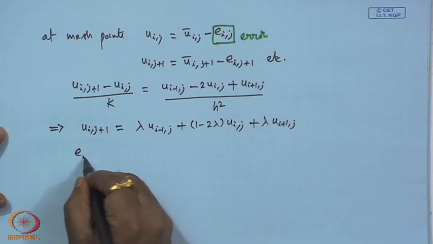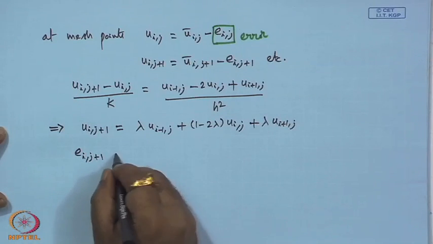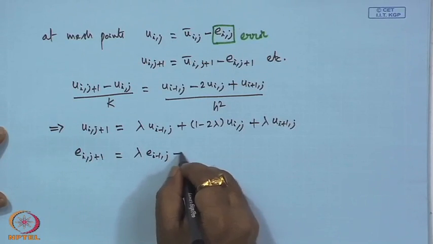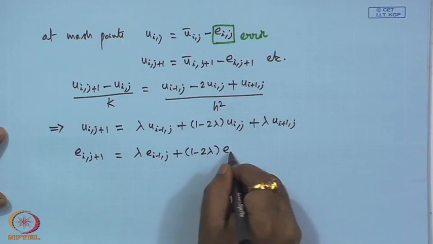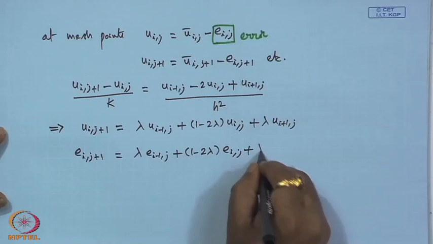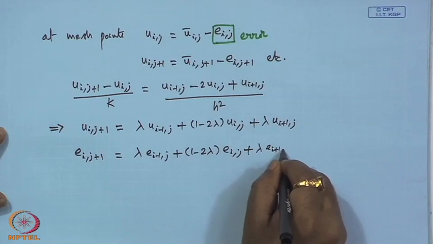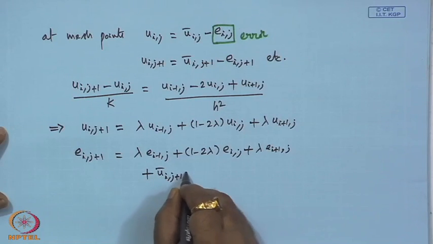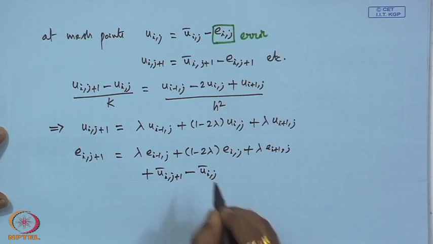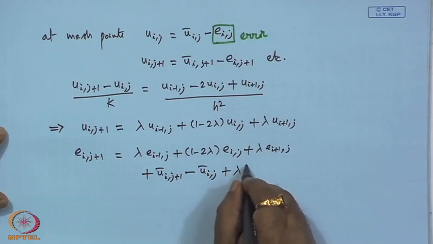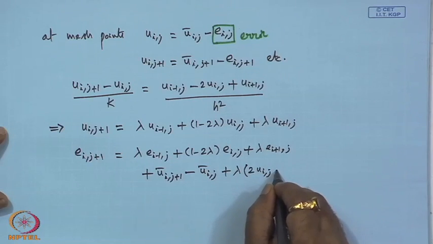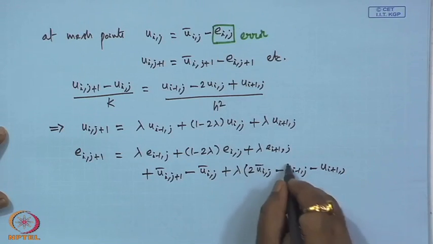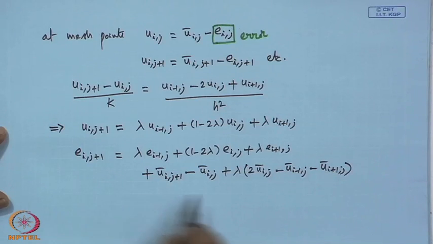So, we retain error to the left hand side, we get lambda, then plus the exact solution, we get this. Okay.